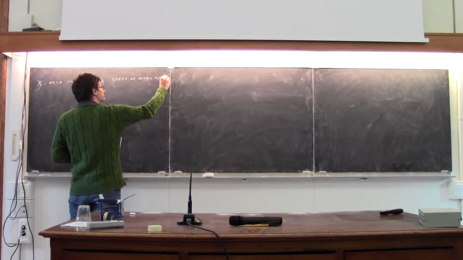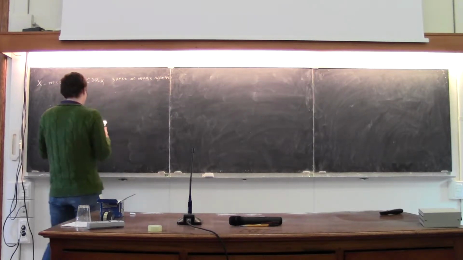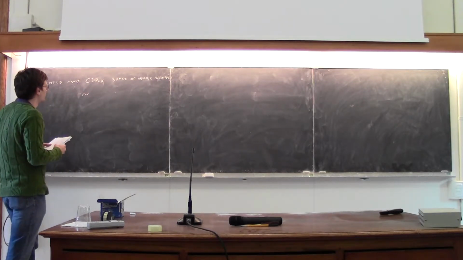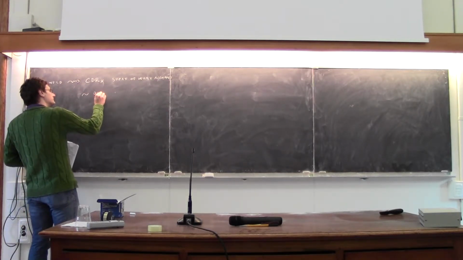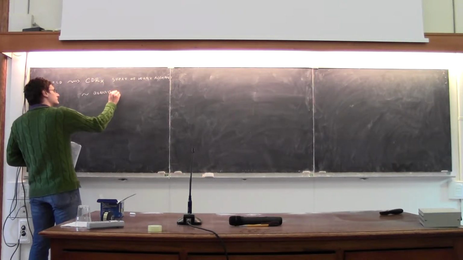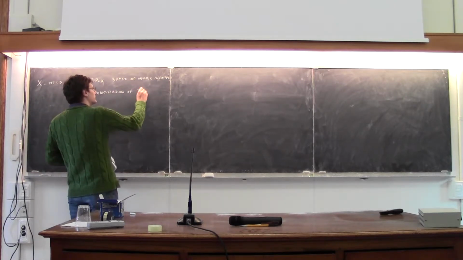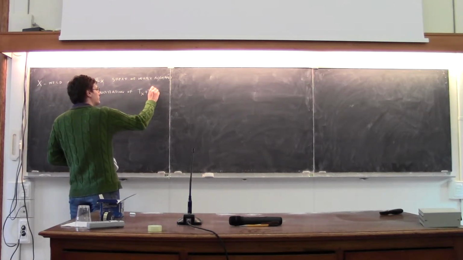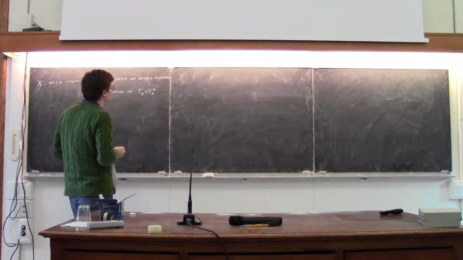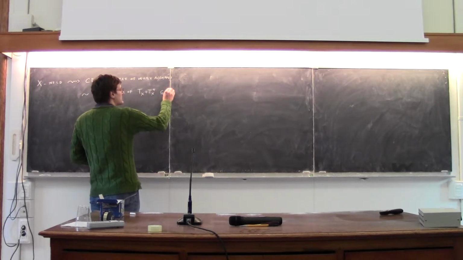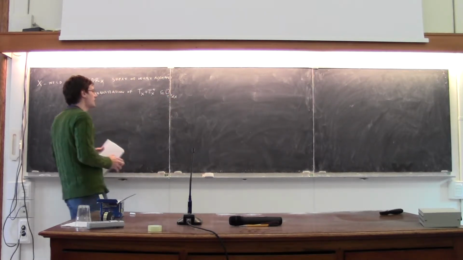This can be thought of as a quantization of the algebra of functions on T plus T star, which in turn we can think of as sitting inside functions on the potential bundle of the group space.